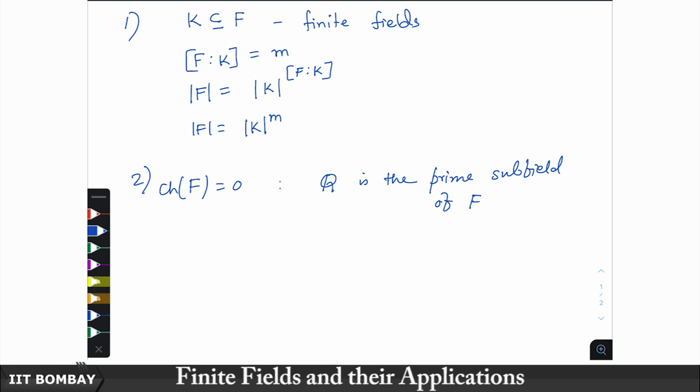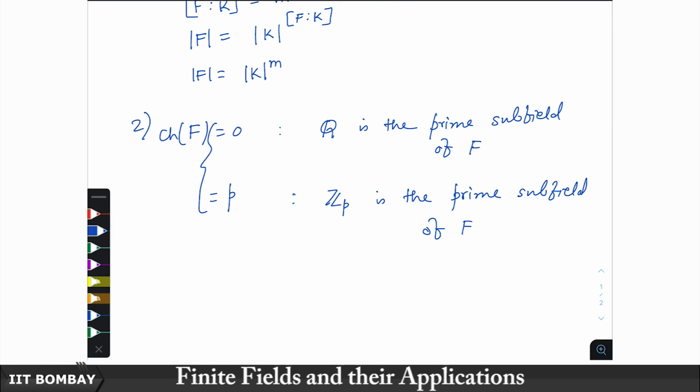What is the prime subfield? It is the smallest subfield that the field contains. And if the characteristic is a prime number p, then Z_p, the modulo p integers, is the prime subfield of f.